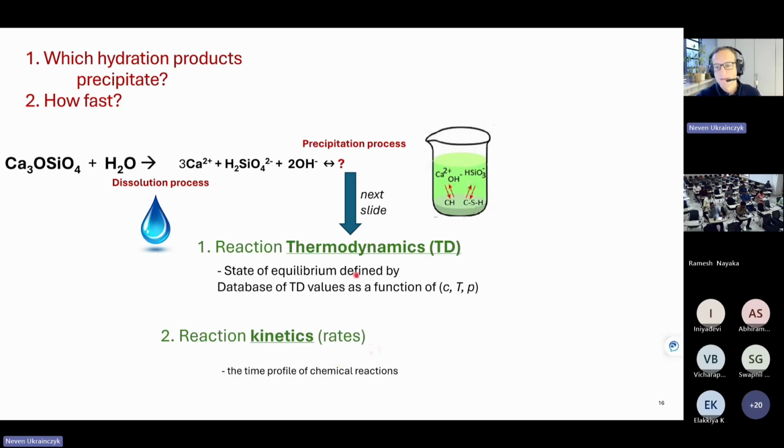Thermodynamics only tells you what you get in equilibrium, but you can trick it, because if you remove the phases which you get at the end, for example, if you would remove calcium carbonate or CO2 simply that reacts, then you would get metastable products.